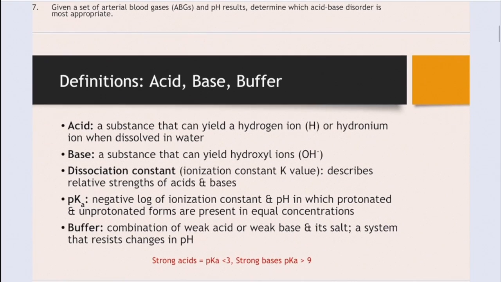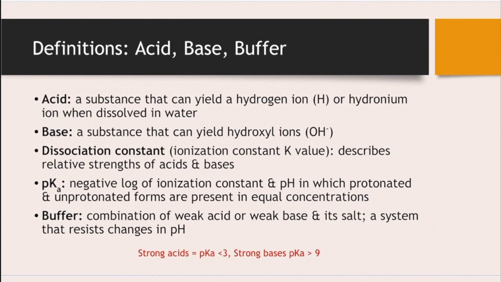Okay, now we're just going to cover some basic definitions. So hopefully by now you guys have an idea of what these definitions are anyways through the work that you do. I know that you work as MLTs, so we're just going to cover these pretty quickly.